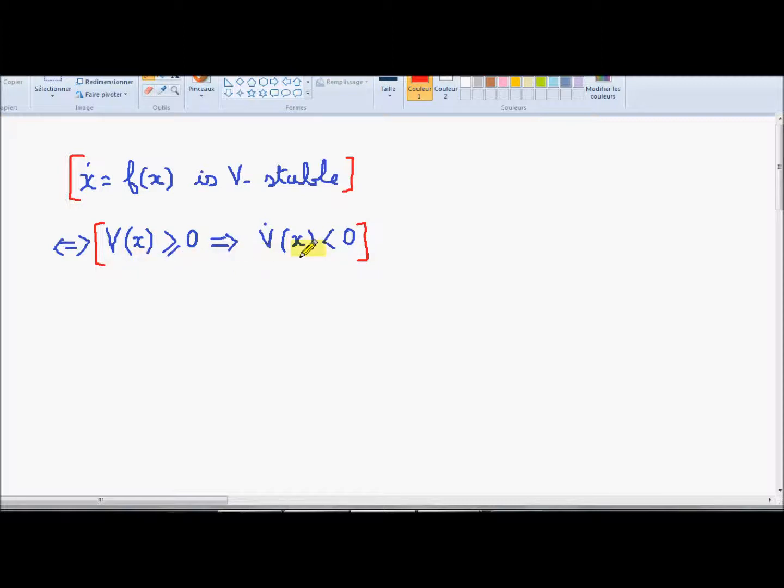So this proposition should be true. Of course, for the derivative of v, I have an analytical expression since it is the derivative of v at x multiplied by f of x, which corresponds to x dot.